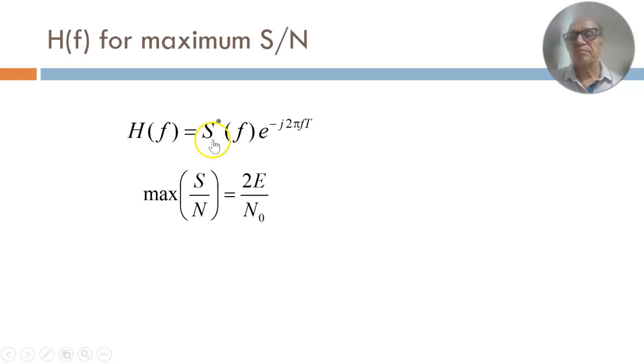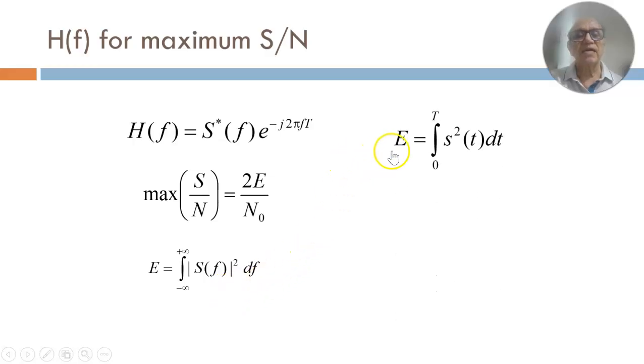And once you insert this value into the expression for S by N, you will get the maximum value of S by N, and that is given by 2E by N0, where E is the total energy of the signal, which can either be calculated in the frequency domain in this way, or it can also be calculated in the time domain. Whichever happens to be more convenient, you can calculate the total energy of the signal over the bit time period.